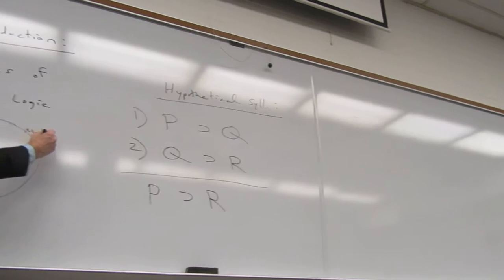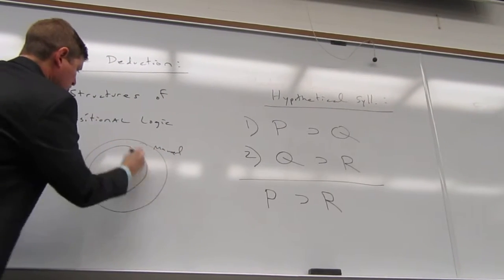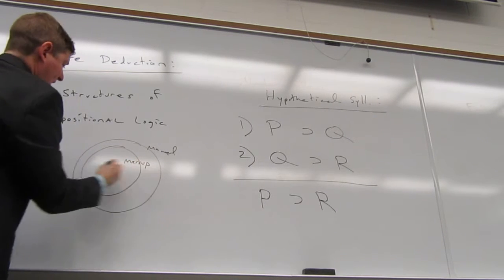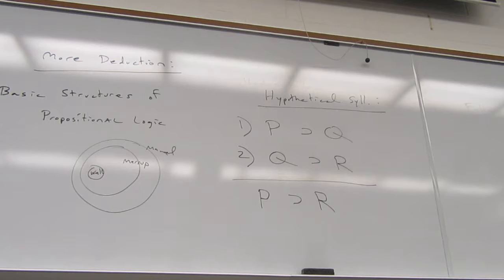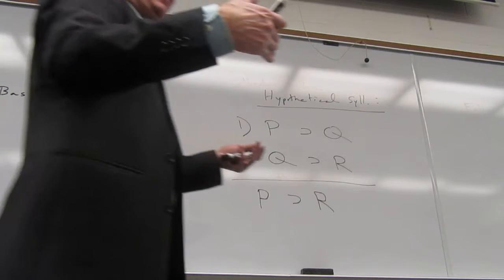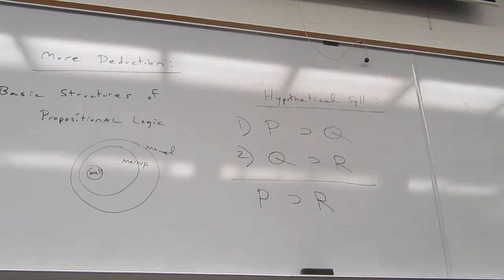We've got mammal here. Marsupial is a subset of that, and of course, wallaby is a subset of that. That's just a simple way of illustrating why it works. And by the way, deductive logic is all about relating concepts to one another. And if it feels mathy, there's a reason why it feels mathy.